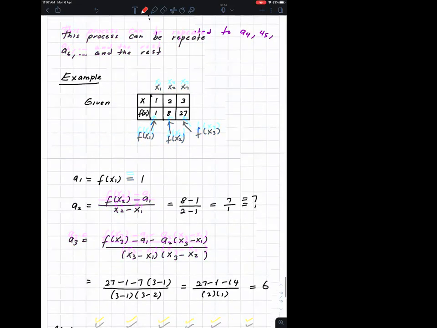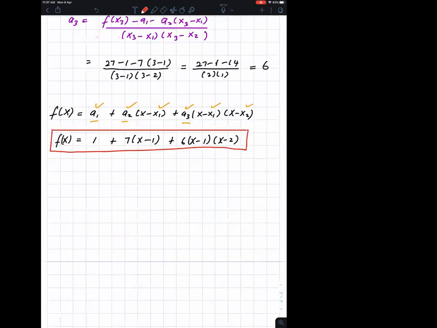Let's say now this is the data set given to you.